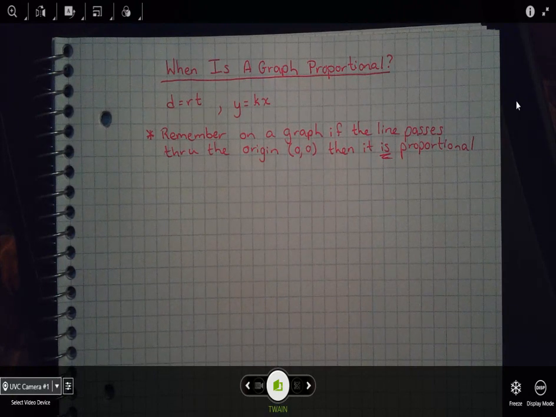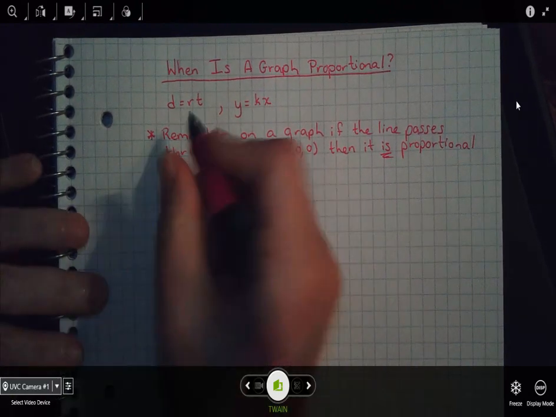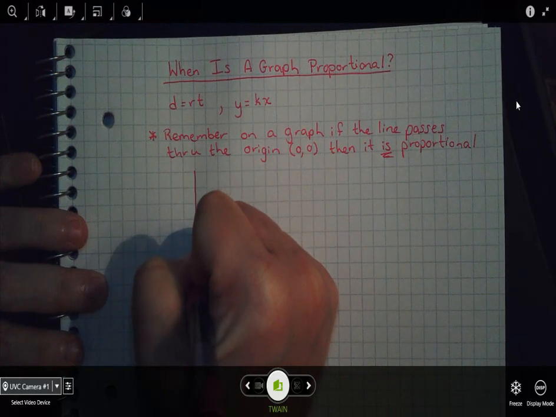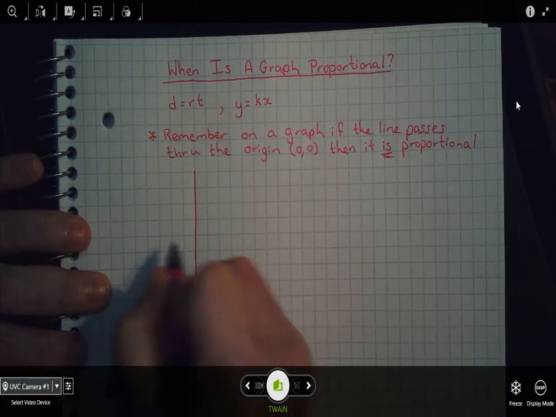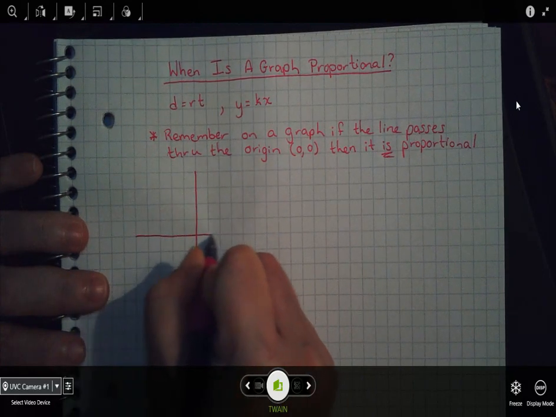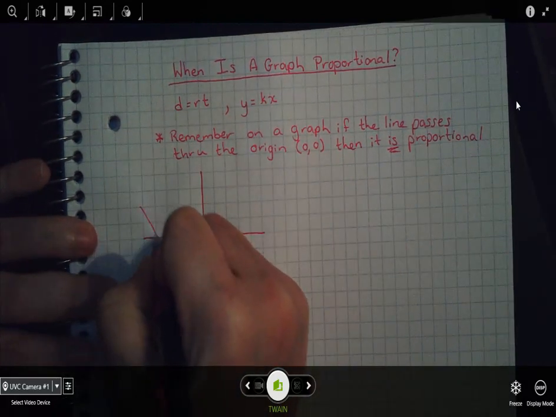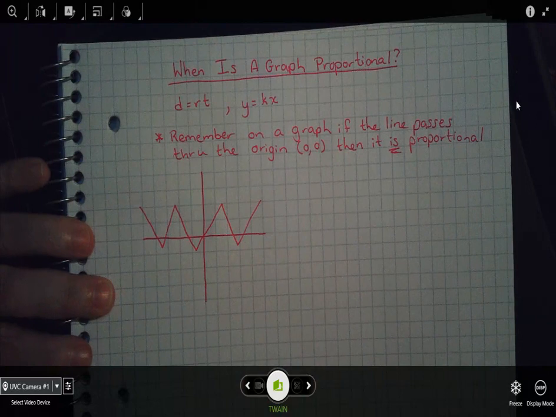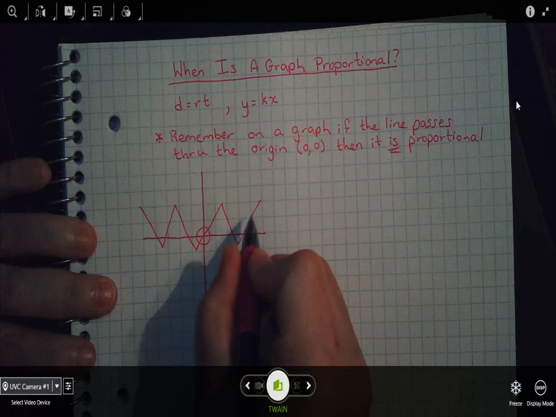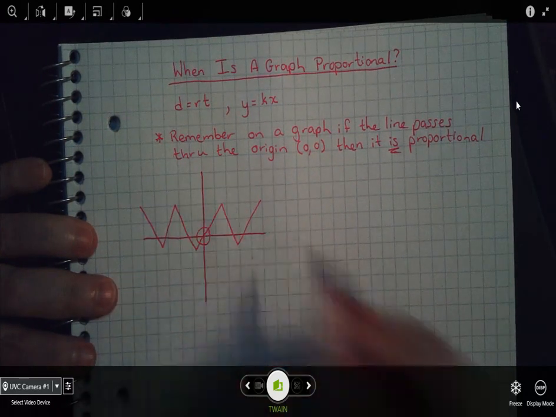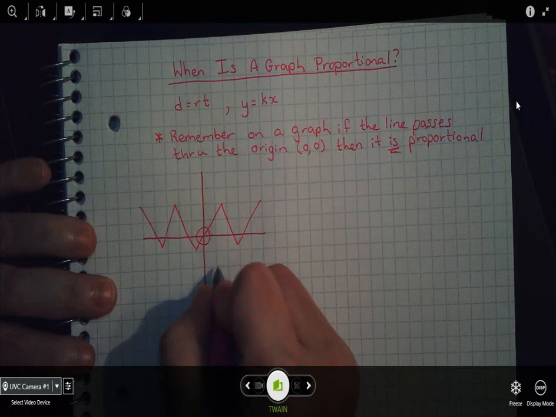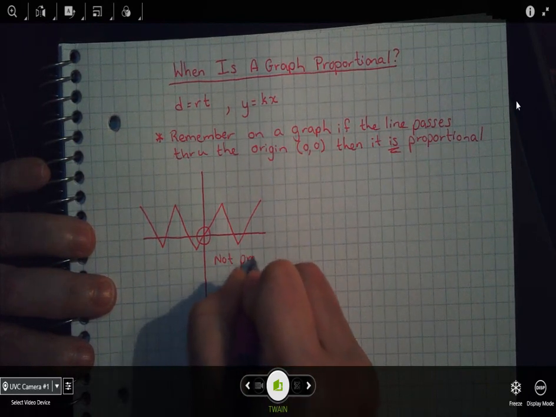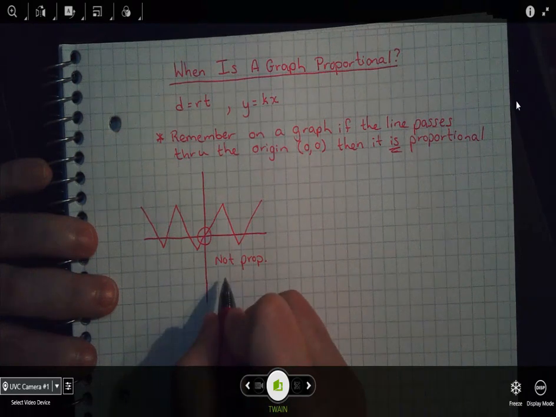Now, remember, it has to be a line. It can't be some funky thing. So, like if I were to draw this, okay, that passes through the origin right there. But this is not proportional because it's not a line. It changes the whole way around. So even though it passes through the origin, it's not proportional because it's not linear, which means a line.